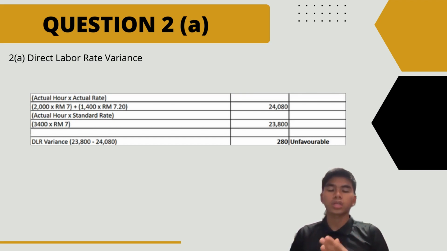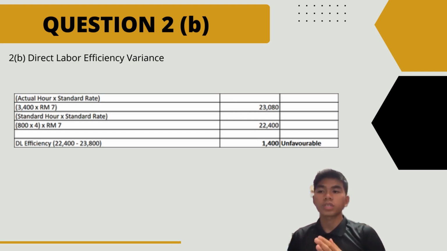So we got 23,800 ringgit, and we minus 23,800 ringgit by 24,080 ringgit. We will get the 280, which is unfavorable because the actual rate is higher than the standard rate.